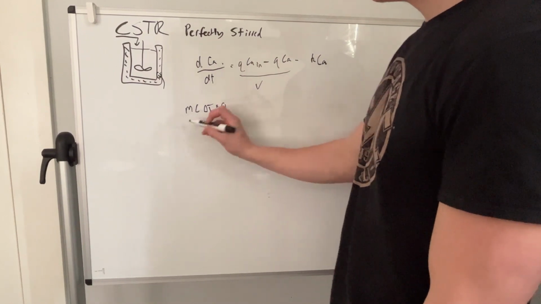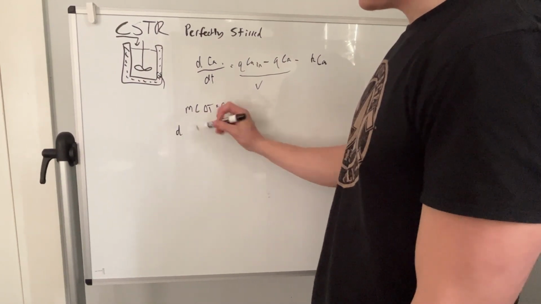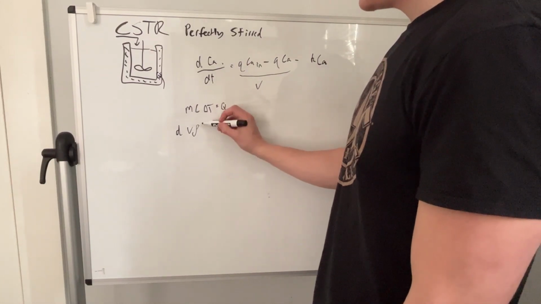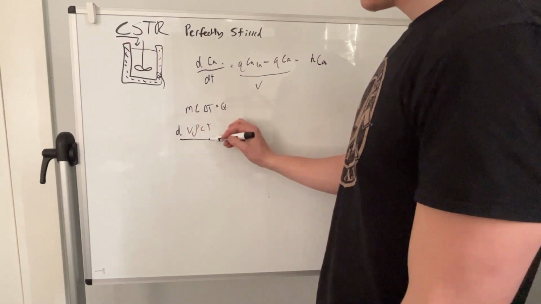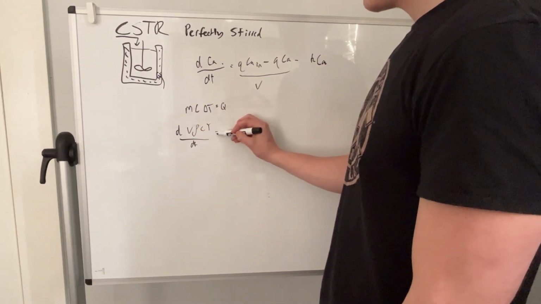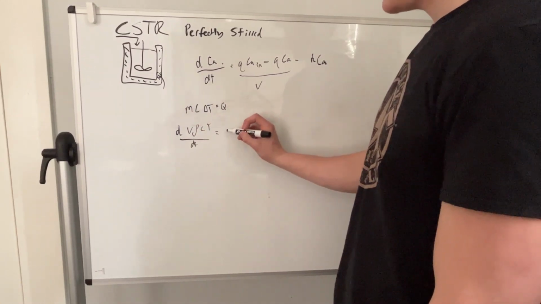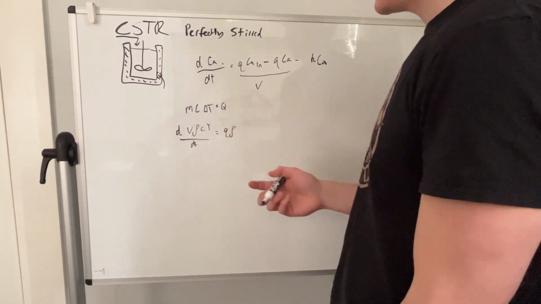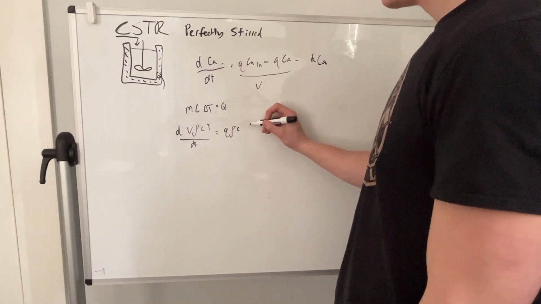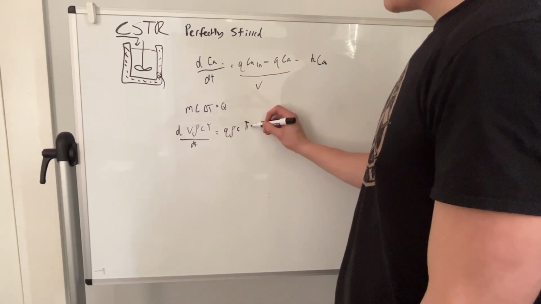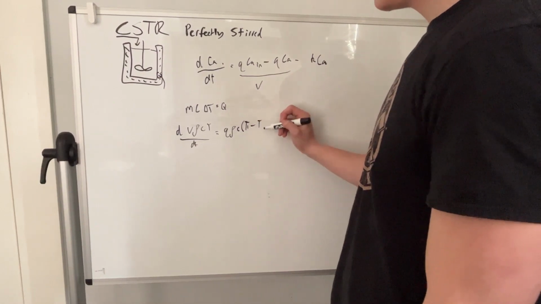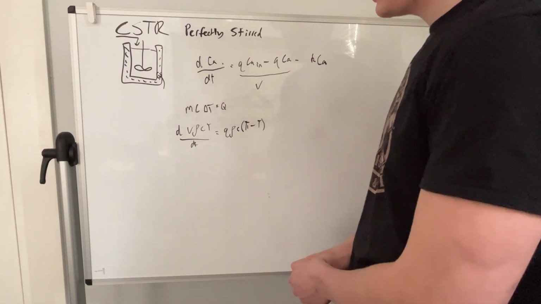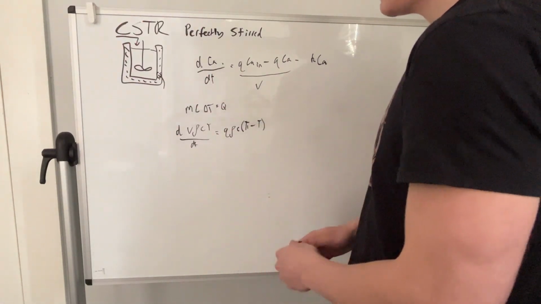So our change in energy, our mass, which can be our volume times the density, times C times T. The change of that will be equal to the flow rate of the density coming in, which accounts for our volume and our density, times C times the initial temperature minus the final temperature, which will get us the change in energy of the tank as the liquid flows through it.